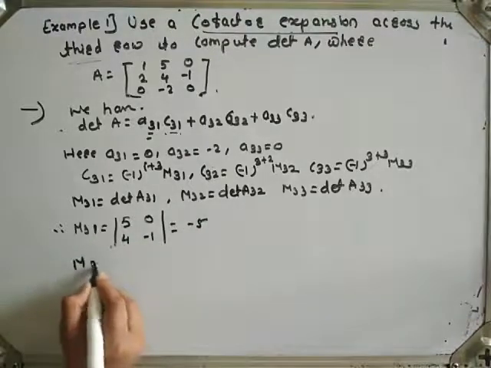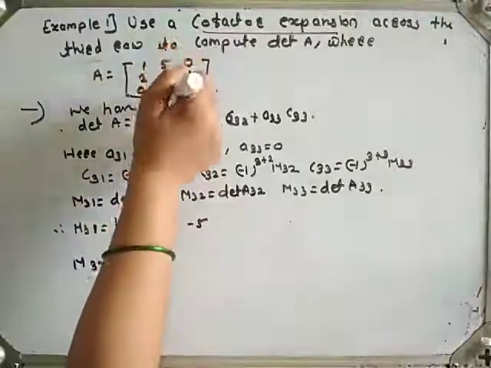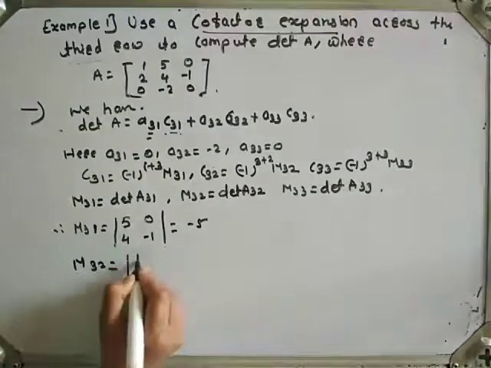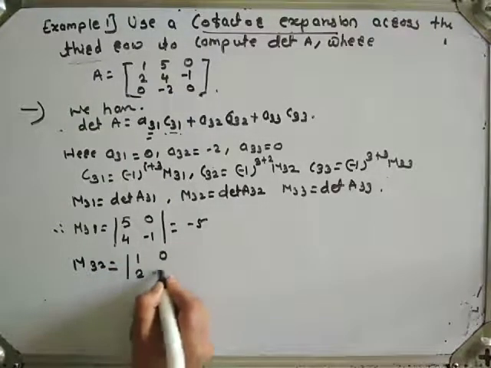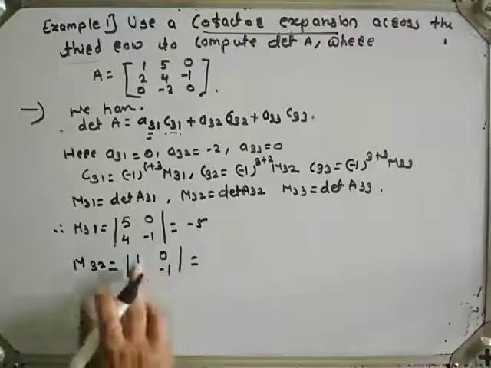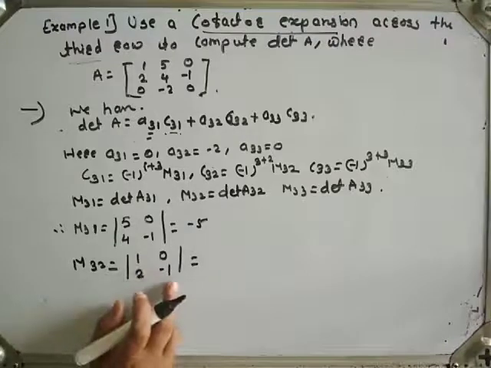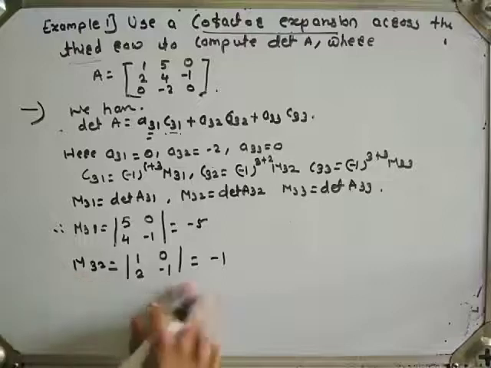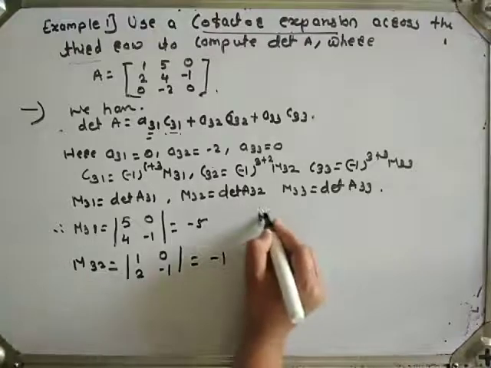For M32, delete the second column and third row. So we find the determinant of [1 0; 2 -1], which is 1 into minus 1 minus 0. So M32 is equal to minus 1.